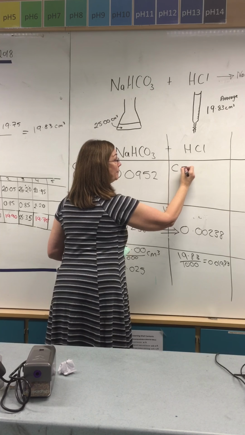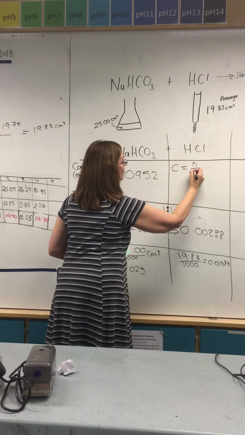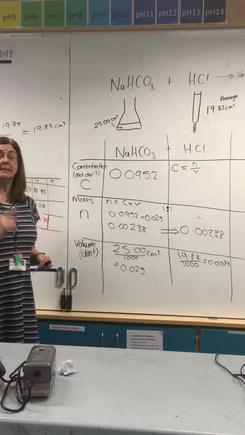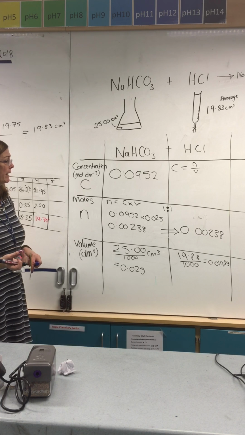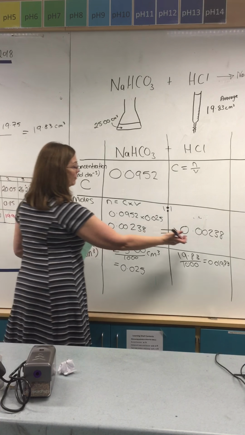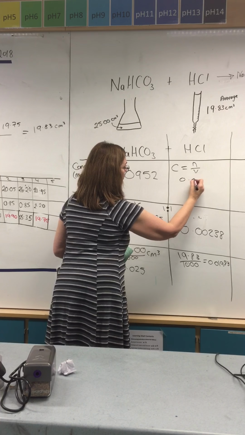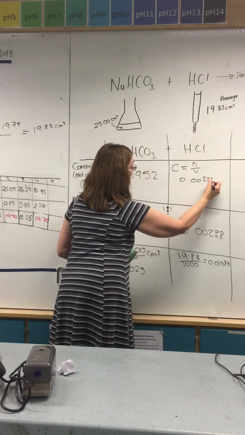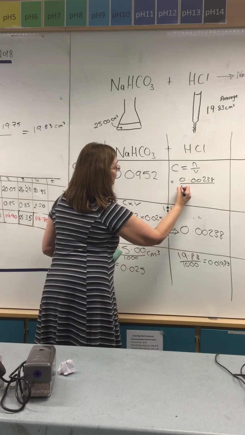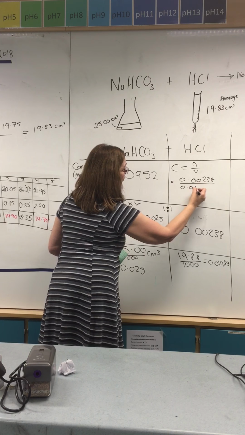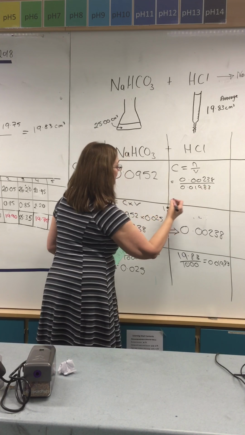So C equals N over V. Always write your equations, then you know what you're doing. Your examiner knows what you're doing. They can follow any mistakes that you make. So the number of moles is 0.00238 divided by the volume, 0.01983.